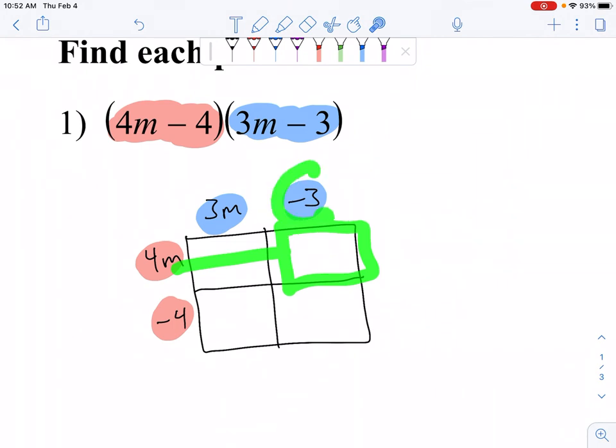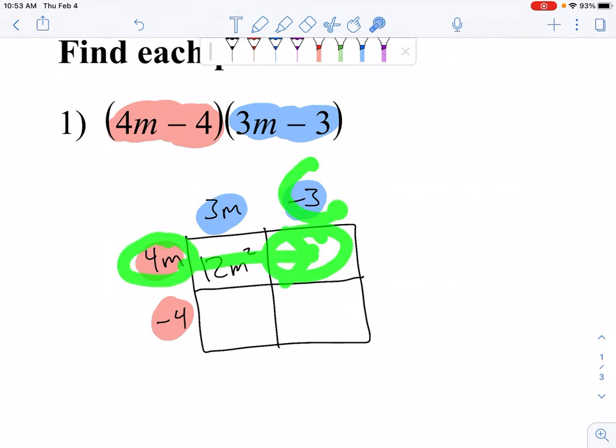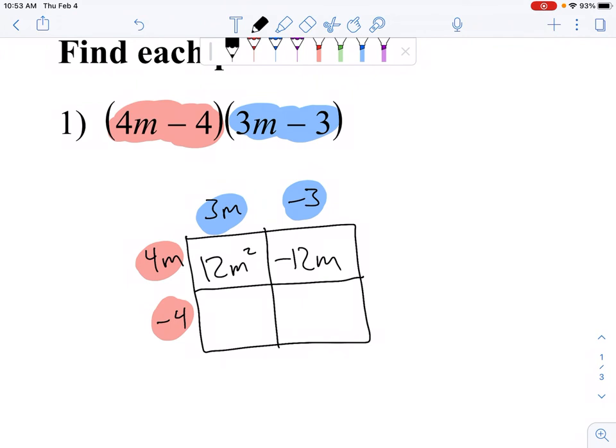For this box, it's going to be 4m times 3m. We do our base numbers: 4 times 3 is 12, and m times m gives us m squared, m to the power of 2. I'm now going to work on this box. I'm taking 4m and multiplying it with a negative 3, and 4m times negative 3 is negative 12m.